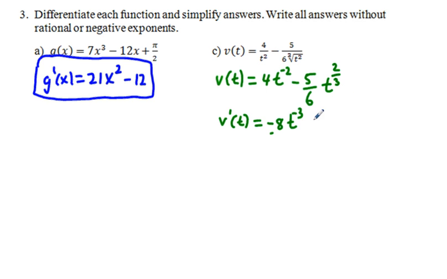And here on the right side, we're going to have negative 5/6 times 2/3, and it's going to be t to the, now this is going to be t to the negative 2/3. I had forgotten this earlier. So we're going to have 2/3 minus 1. So that's going to be t to the negative 5/3.